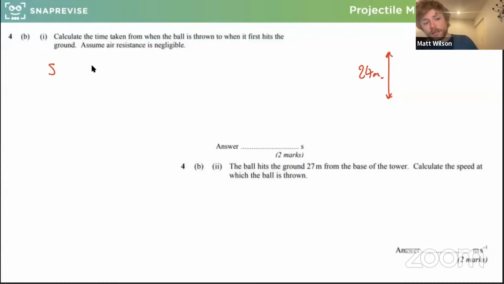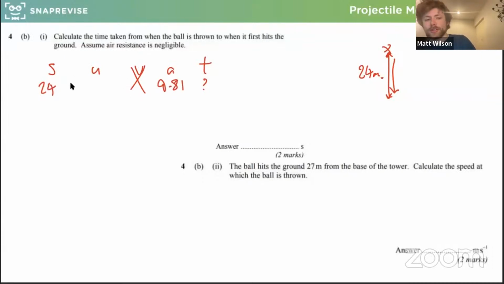Okay, so let's use SUVAT as usual. We're being asked to find the time. What do we know? We know the acceleration. We know our displacement was downwards, so let's call the displacement 24. Then since we've chosen downwards to be positive, the acceleration is just plus 9.81.